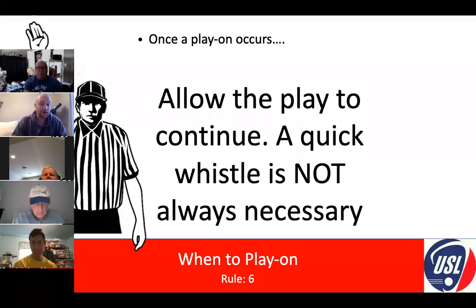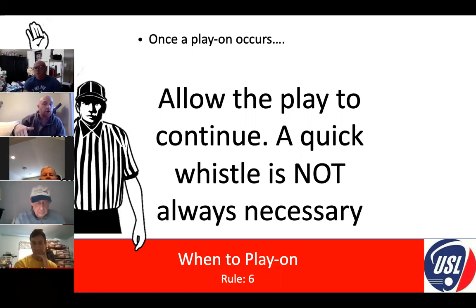Once a play on occurs, allow the play to continue. A quick whistle on a play on is not always necessary. Now, let's say you're officiating 8U. You're officiating second graders. If we have a play on with second graders, my hand's going to go up and I'm probably going to blow the whistle immediately right after I say the play on.